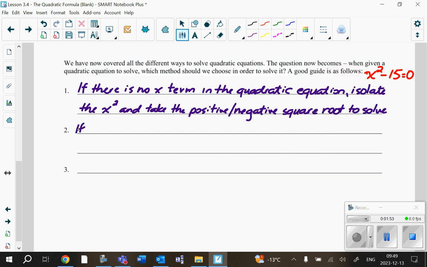If there is an x term, try to solve by factoring first.